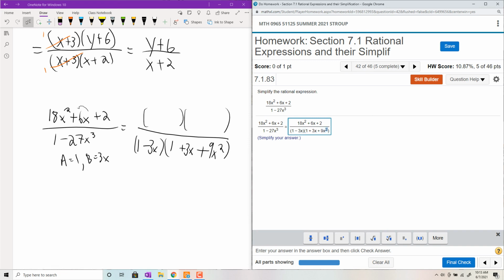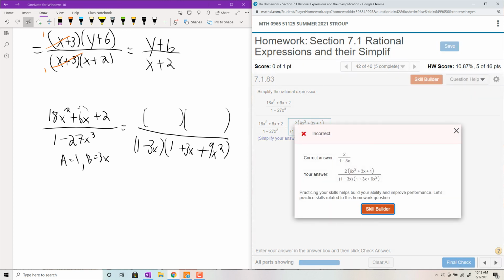Well, come on, let me just put it there. 2 times x squared plus 3x plus 1. Life can always be worse, you know. Then you could factor that or something.